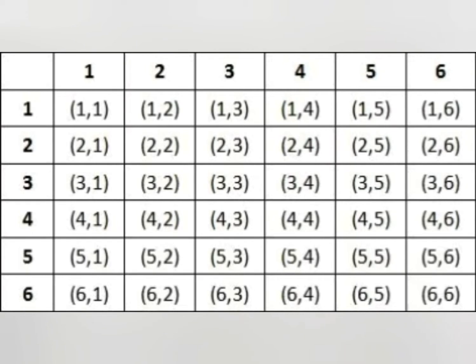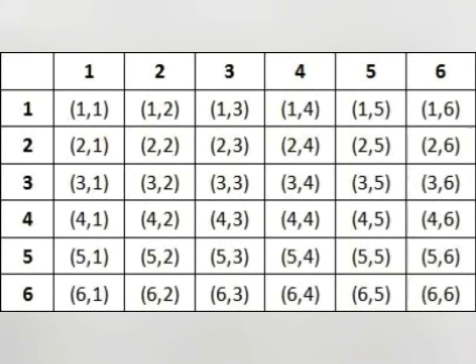Initially we consider these two numbers, and when we take these two numbers together, we write in the sample space 1 comma 1. After that, we consider vertical number 1 and horizontal number 2, so we write 1 comma 2. Then again we consider number 1 in the vertical line, and in the horizontal line the number is 3, so the possible outcome is 1 comma 3.